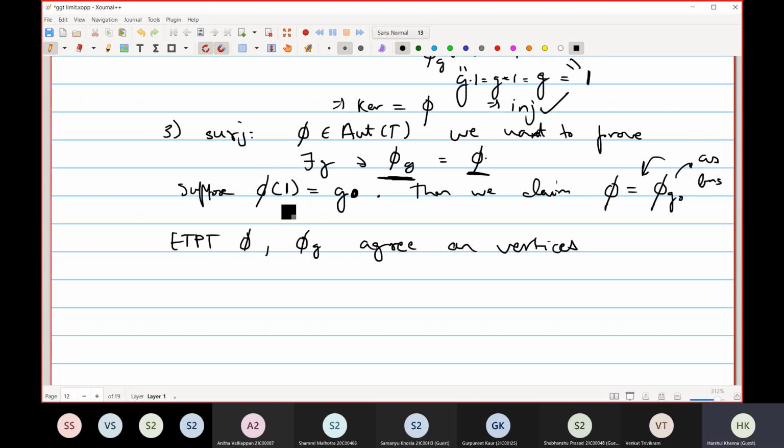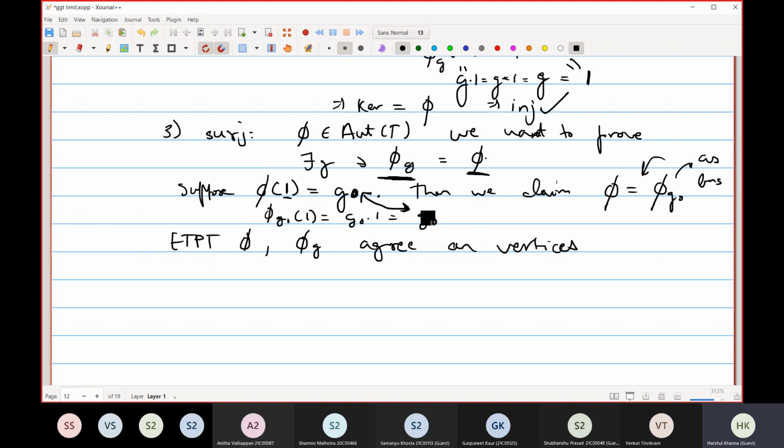Of course, they agree on the identity element. That's how we constructed G naught here, because phi G naught of 1 will be just equal to G naught group operation 1. That will be G naught. So these two agree here.